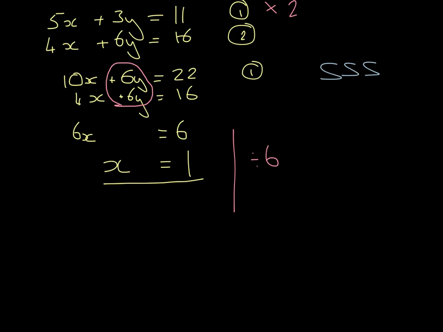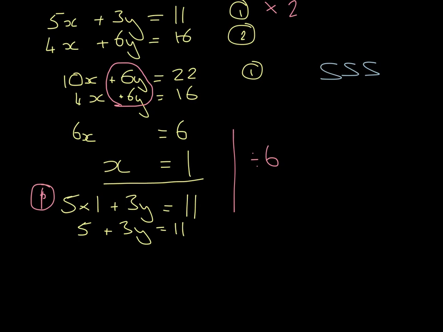I'm going to substitute it into equation 1 because I think that looks easier. So we have 5 times 1 plus 3y equals 11. So 5 times 1 is 5 plus 3y equals 11.